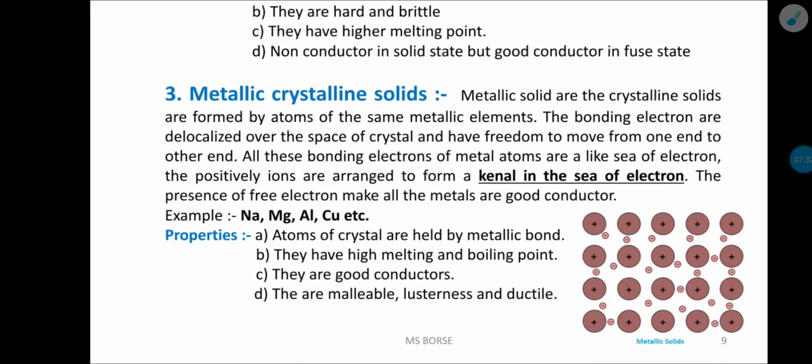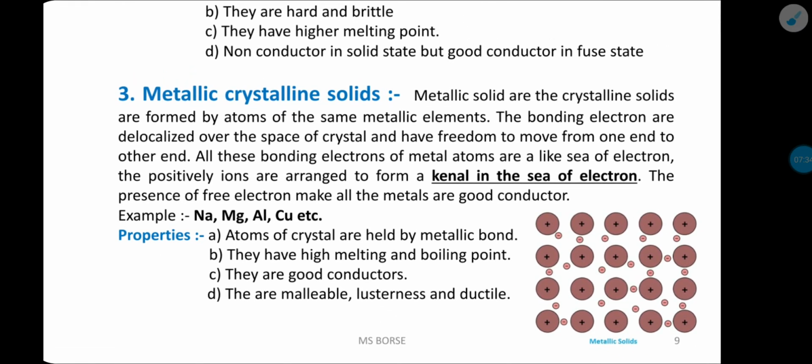Next solids are the metallic crystalline solids. Metallic solids are formed by the association of atoms of the same metallic element in reduced form. The bonding electrons are delocalized over the space of the crystal and have freedom to move from one end to the other end.